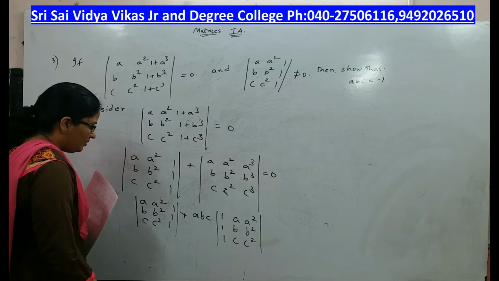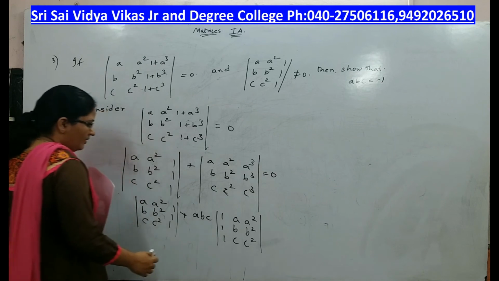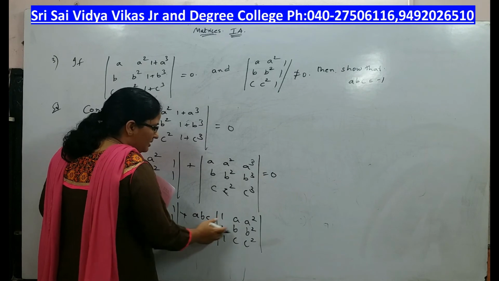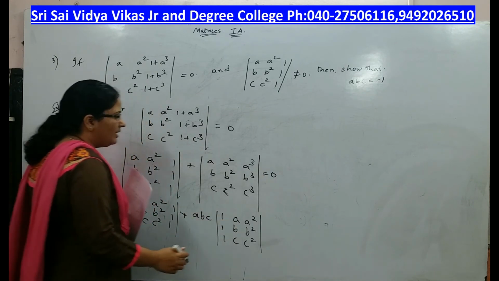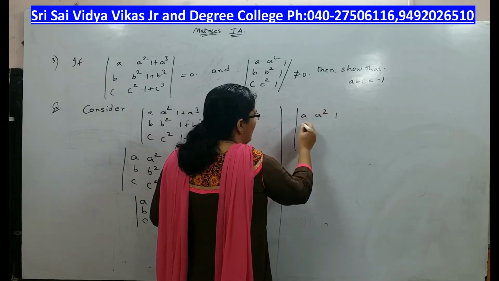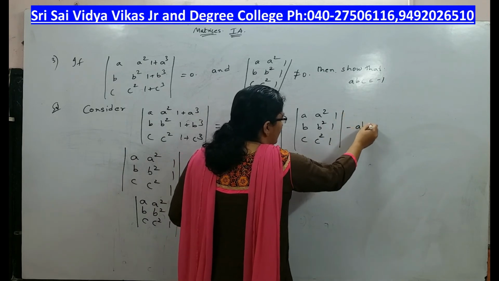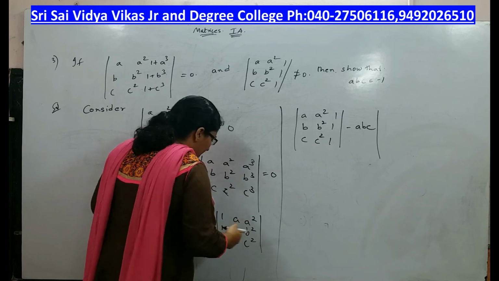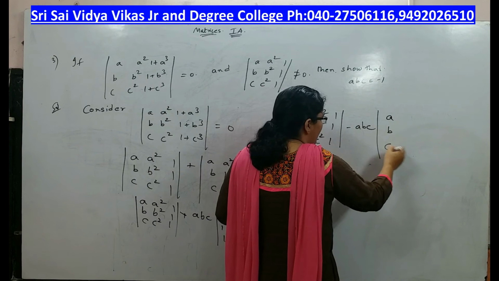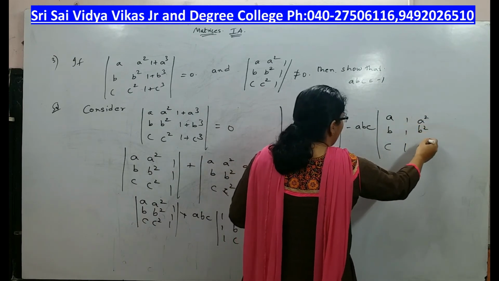So what we shall do is we shall exchange these two columns. Whenever you are exchanging the columns, you have to put a minus sign here. Yes, so what you have here: a square 1, b square 1, c square 1 minus abc into, taking the minus sign out, here you can write it as 1 a square, 1 b square, 1 c square.